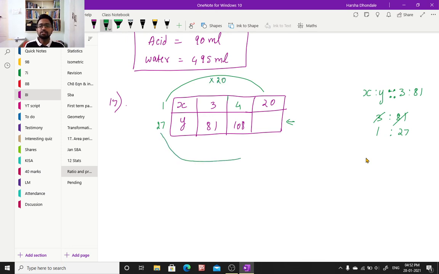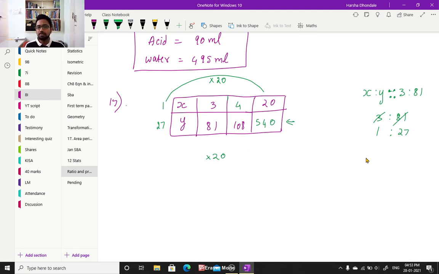So 27 into what gives me 20? Sorry, 27 into 20 gives me what? 27 into 20 is 540. That's it.